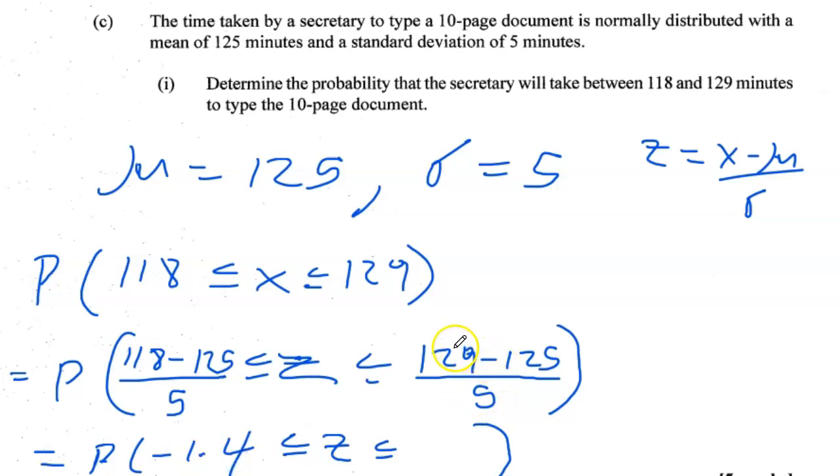And 129 take away 125, that's 4 divided by 5, that's 0.8. So we can use our tables now to get the value. We'll go to the table and look for 0.8. Let's do that. All right, so we're looking both for 0.8 and for negative 1.4.